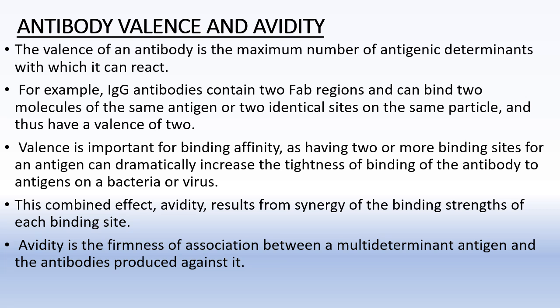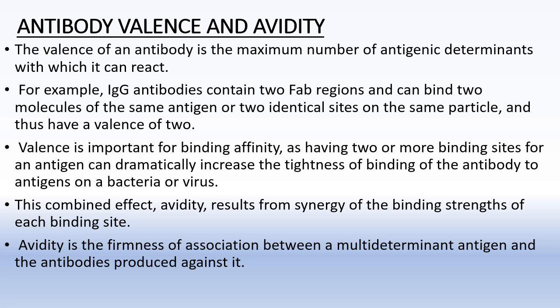Valence is important for the binding affinity, as having two or more binding sites for an antigen can dramatically increase the tightness of binding of the antibody to antigens on a bacteria or virus. This combination effect, avidity, results from synergy of the binding strengths of each binding site.